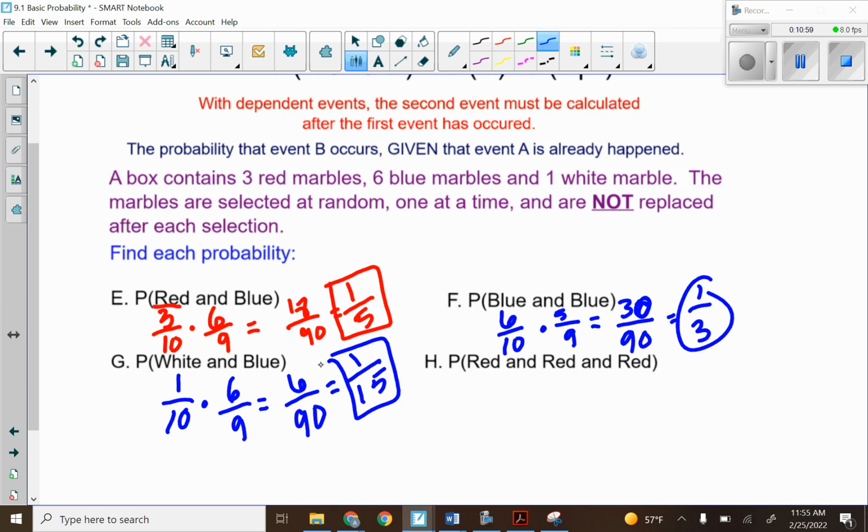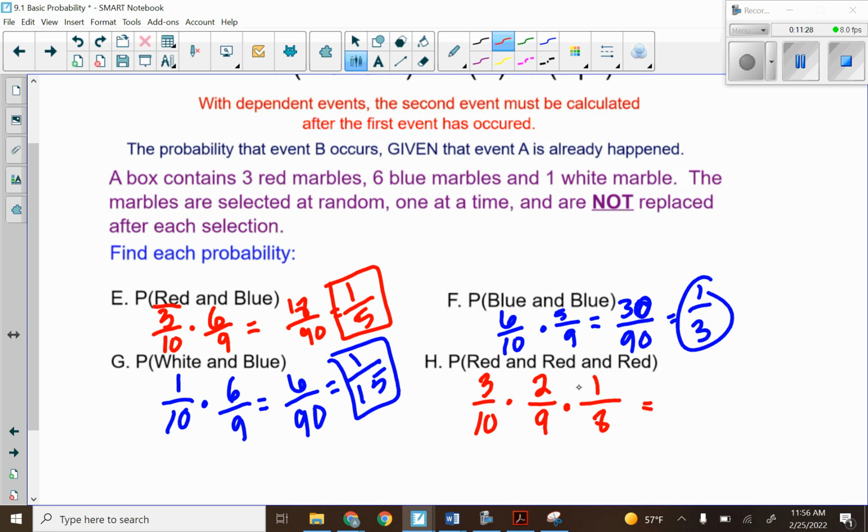All right, now we're looking at the probability of picking a red marble all 3 times. The first time I pick a red marble, it's 3 out of 10. Now the second time, there's only 2 red marbles left, and there's only 9 marbles in the bag. Now the third time, there's 1 red marble left and 8 marbles in the bag.